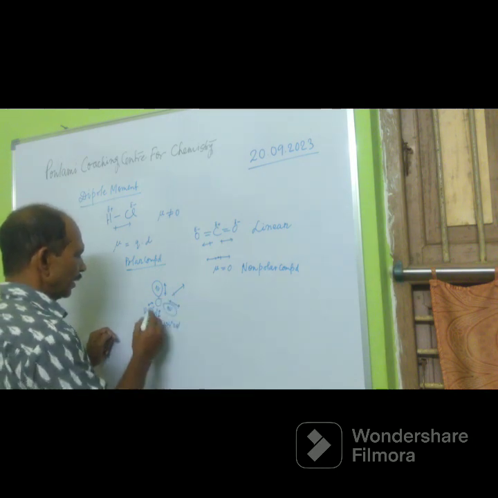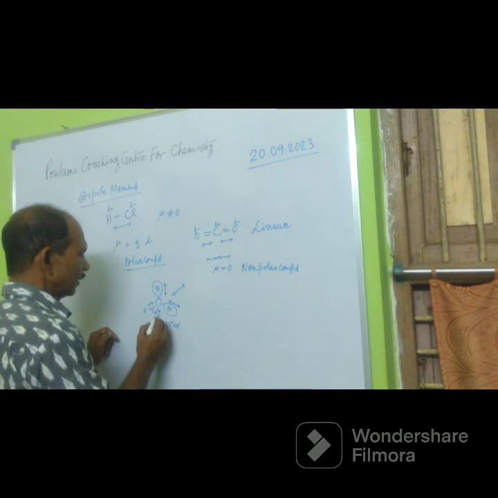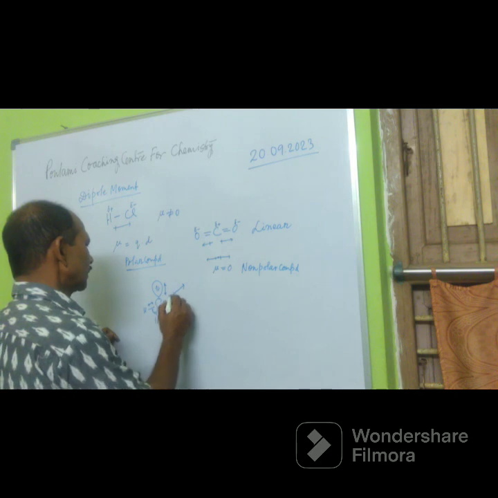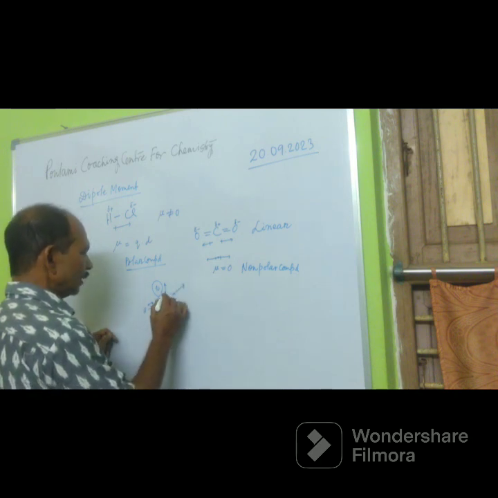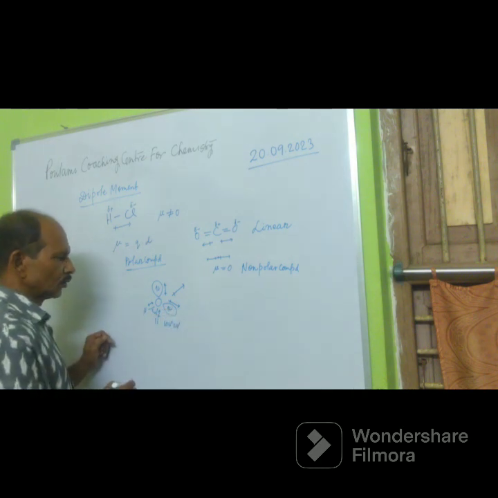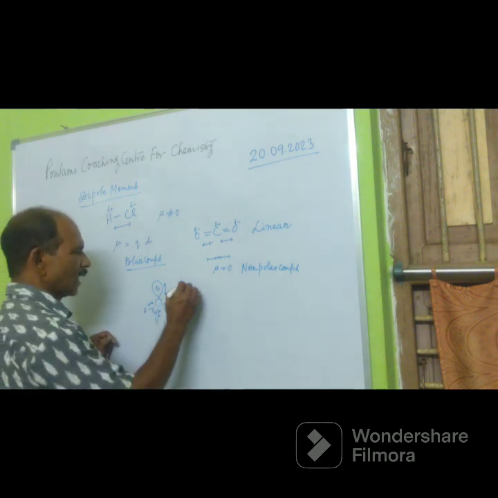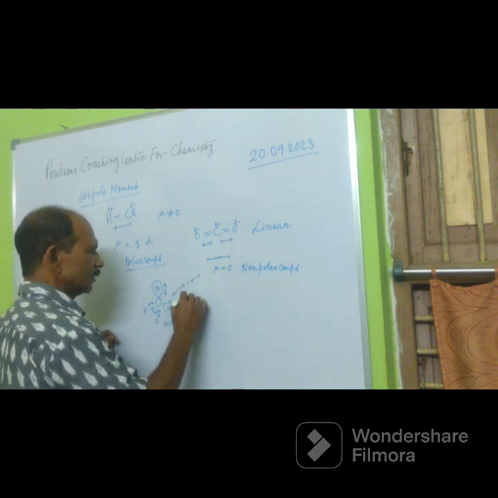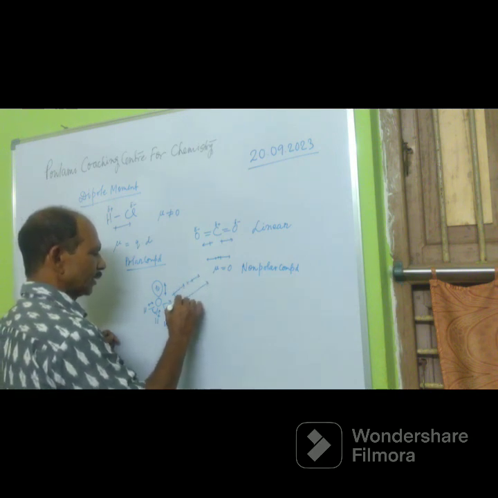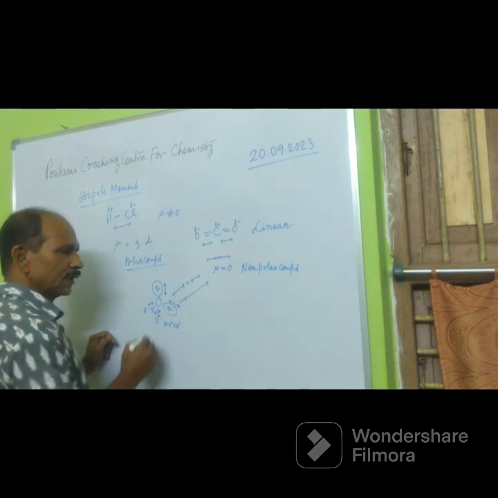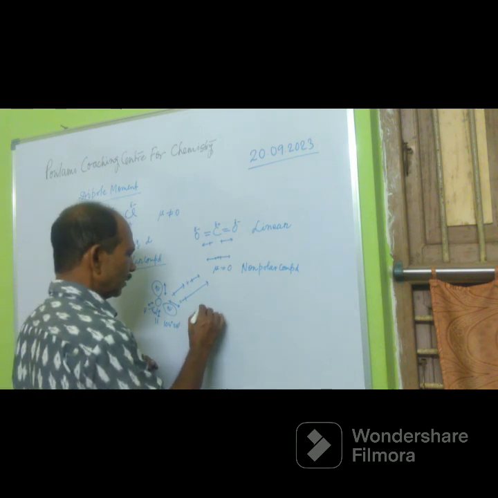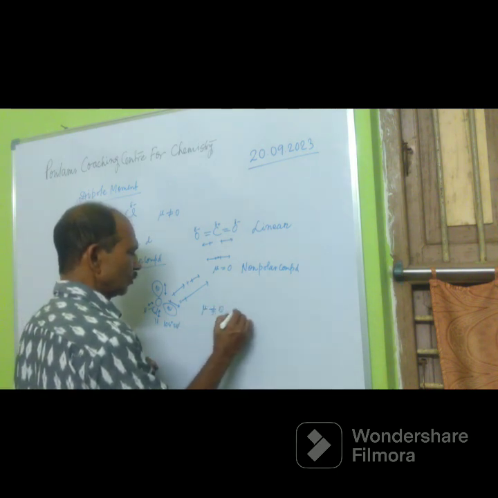That means the resultant of these two bond moments acts in this direction, and the moments produced due to the lone electron pairs also act in this direction. So the resultant is very high. Okay. So H2O has a very high dipole moment, and obviously mu is not equal to 0.